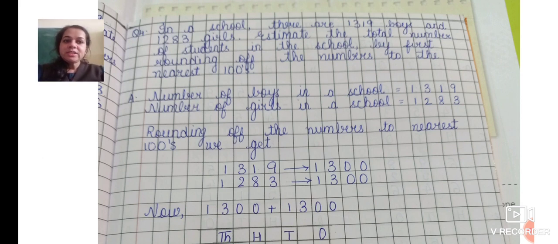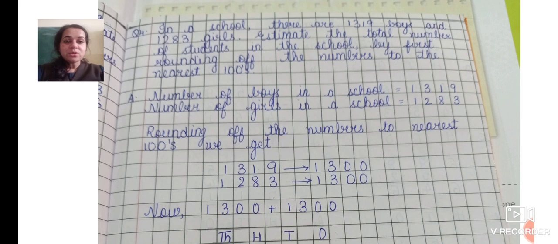Estimate the total number of students in the school by first rounding off the numbers to the nearest hundreds. What will we do? We have to round off the numbers to the nearest hundreds. These are the two numbers, the number of boys and the number of girls. We will round off these numbers.